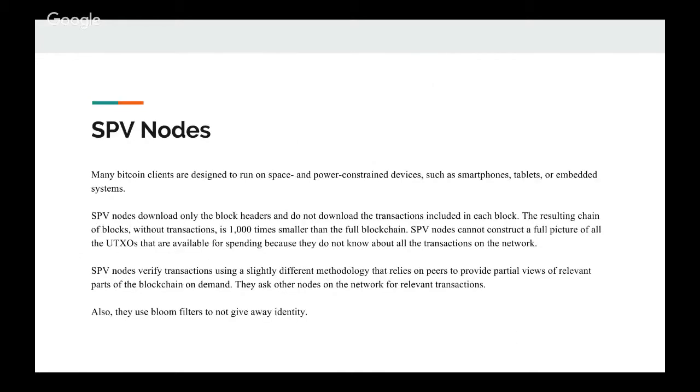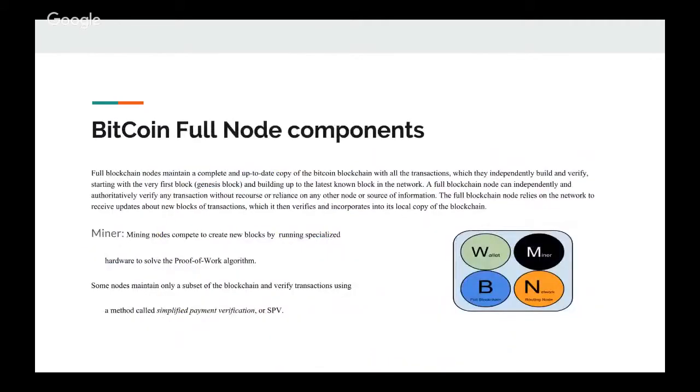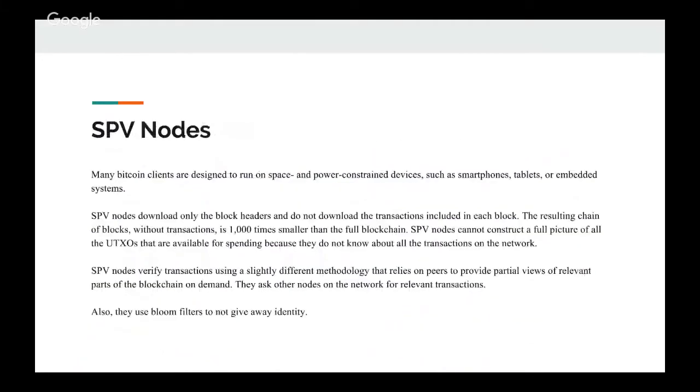So there are these SPV nodes, which we just discussed, the simplified payment verification nodes. These nodes are not running a full version of the blockchain. So how do they make sure that they can validate a transaction?